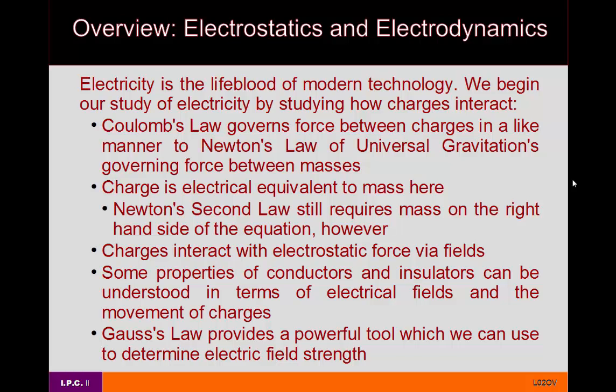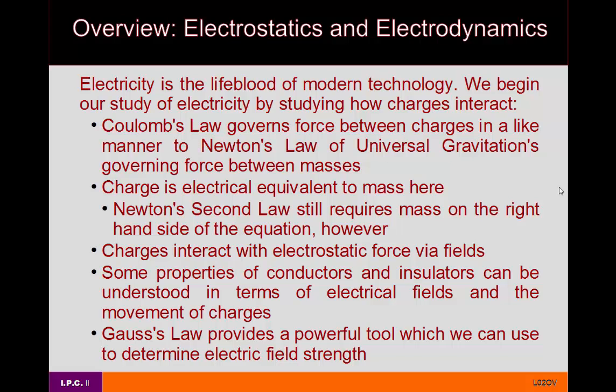Transitioning to Physics 2, to a course that is primarily about electricity and magnetism and the laws that govern the interaction of electric charges and charges in motion and so on, we have a law which is called Coulomb's law, and it is very much analogous to Newton's law of universal gravity.